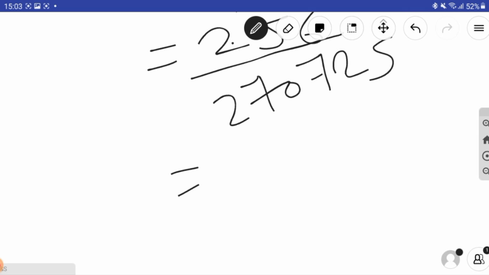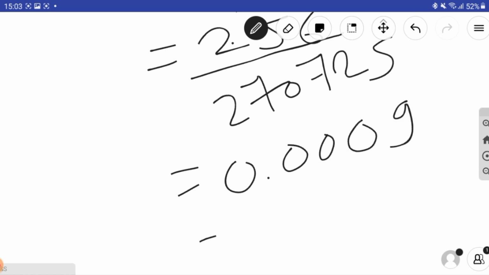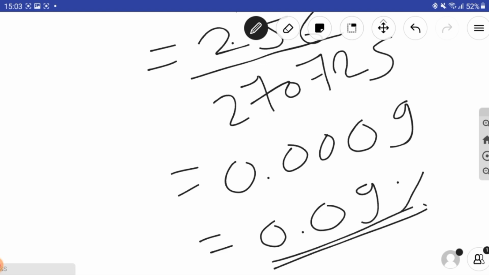So it comes out to be equal to 0.009, which is 0.09%. So this is our probability of event A, that is the four cards drawn from the 52 cards are king, queen, jack and an ace.